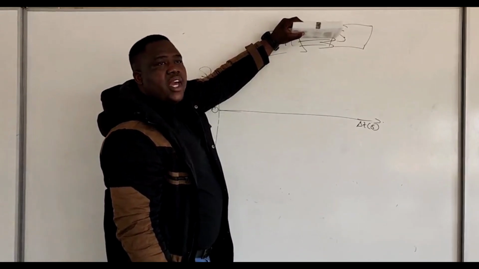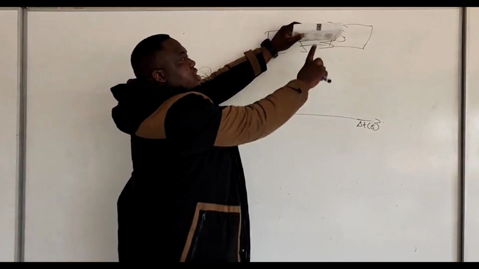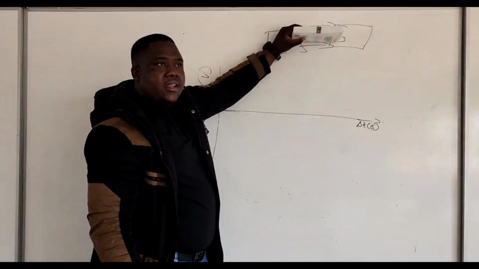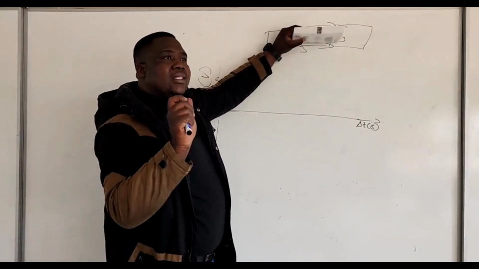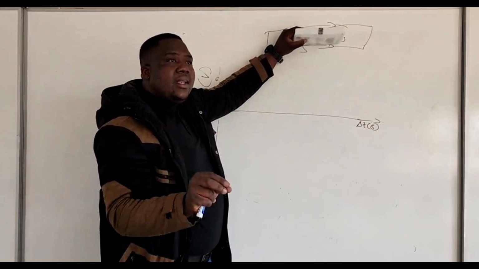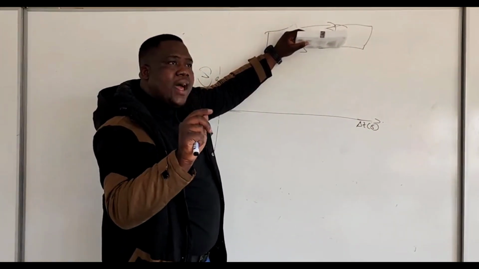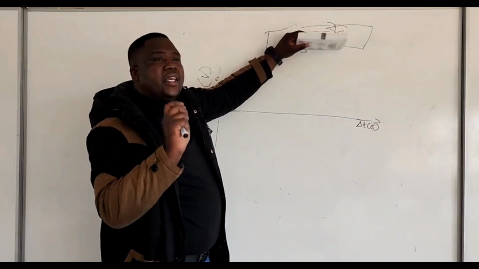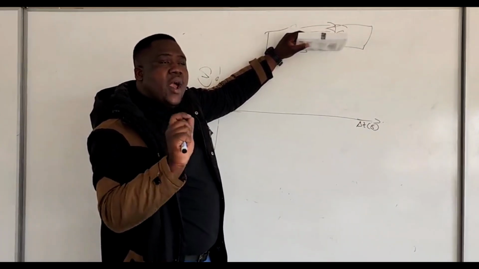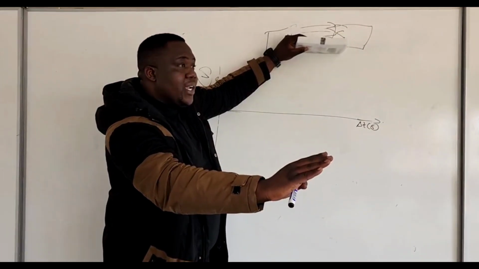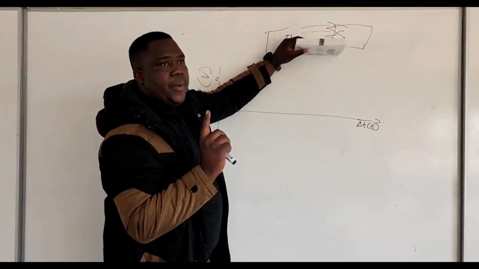But what about the normal of the coil? The normal line of the coil is perpendicular to the magnetic field line. You remember I said that the normal is found in the coil, that's why we call it the normal line of the coil. When the coil is parallel to the magnetic field line, the normal line is perpendicular.